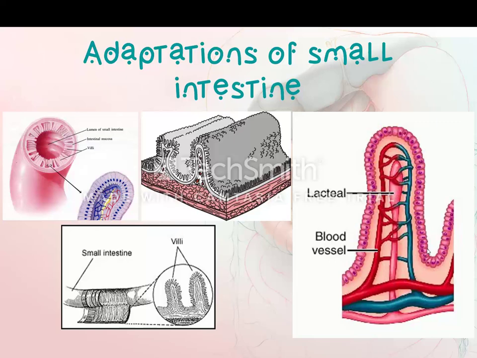So please understand I'm splitting this into how it is adapted for digestion and how it is adapted for absorption. They ask this a lot in tests. Sometimes it just says name some of the adaptations of the small intestine or of the villus, but other times it is quite specific, asking what the adaptation for digestion is versus what the adaptation for absorption is.